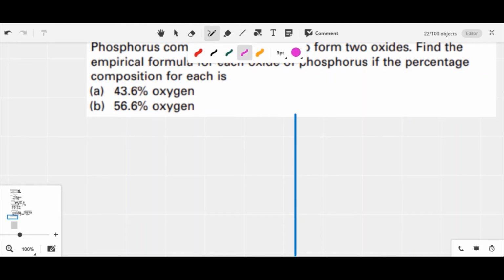So now here we are going to solve again. For example, here is oxide A, here is oxide B. Oxide A contains 43.6 percent oxygen, and oxide B contains 56.6% oxygen.